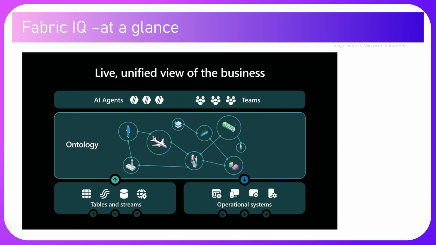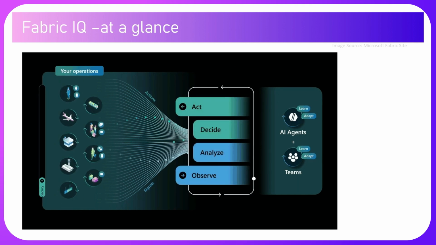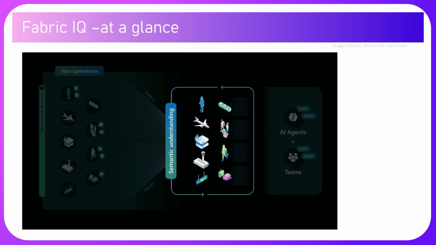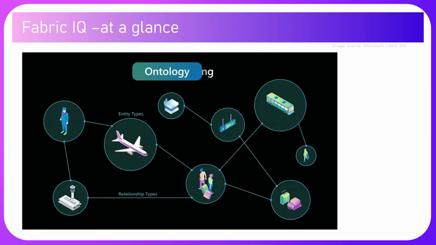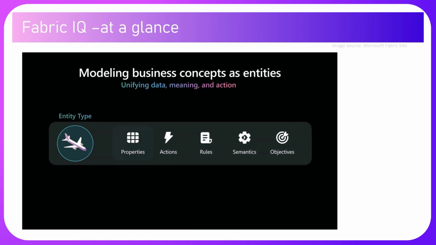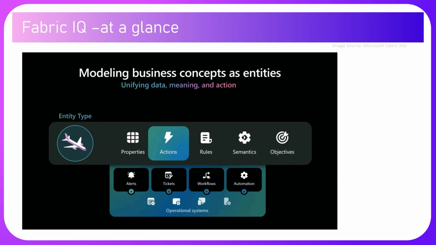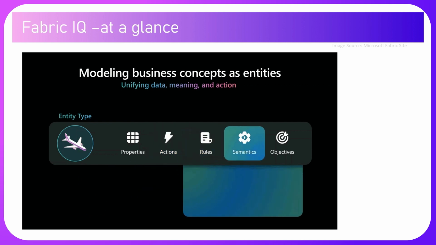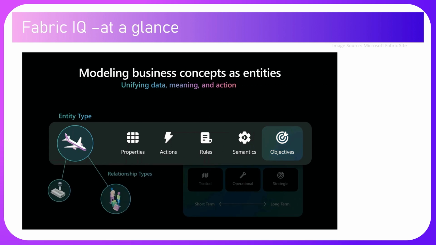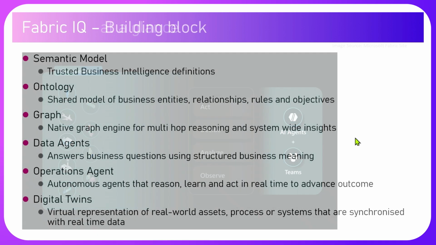Ontology is a live unified view of that business. Going back, act, decide, analyze, observe: the AI agents and teams understand, so ontology leads to semantic understanding. The properties of an entity include identifier, attributes, metrics, and time series; actions like 'else'; rules like conditions; semantics; and objectives. Basically, it provides you that information at a single glance.